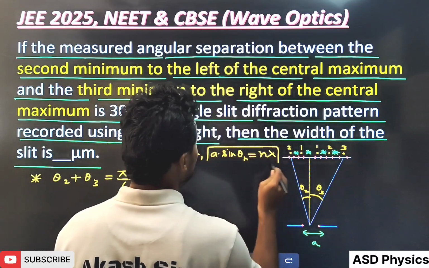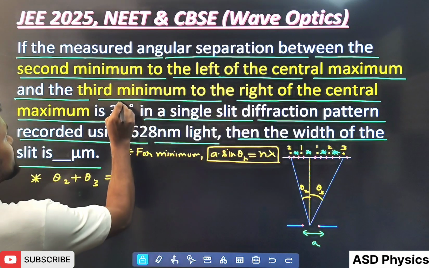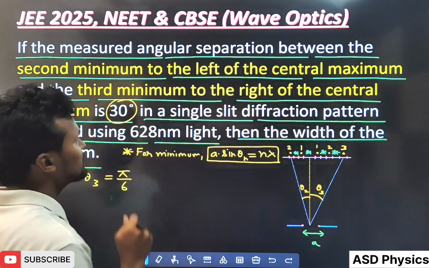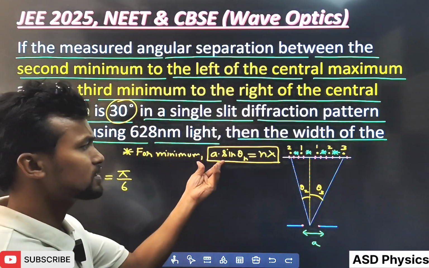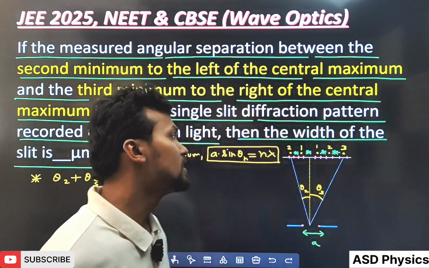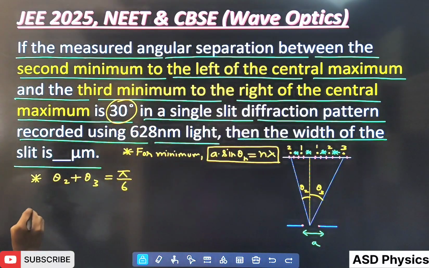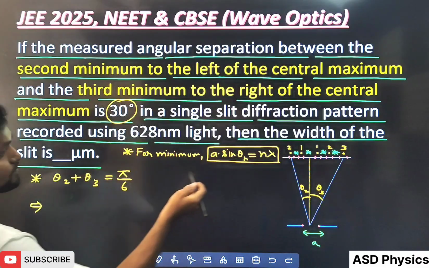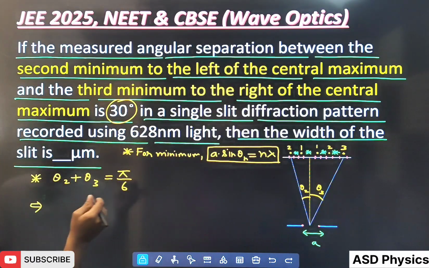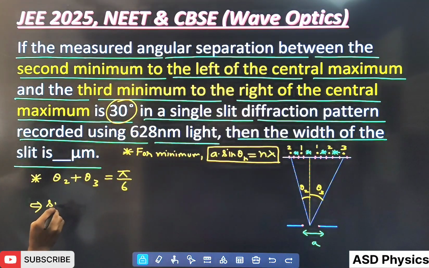The angle theta is not very small, so we can't use the approximation sin theta equal to theta. In that situation we have to go the reverse way. For theta 2, sin theta n equals n lambda by a, then we take the sin inverse on that side.